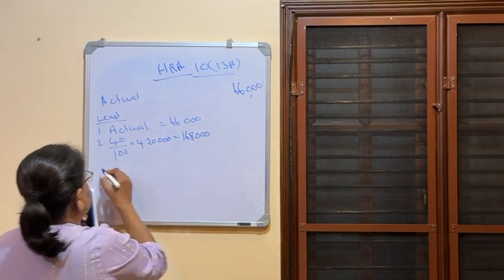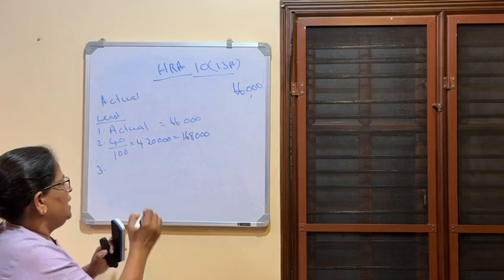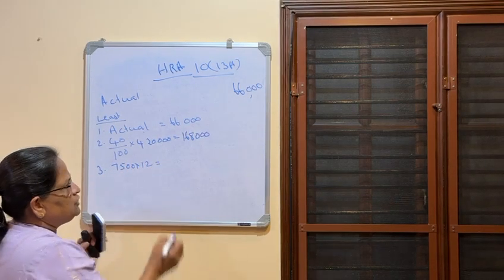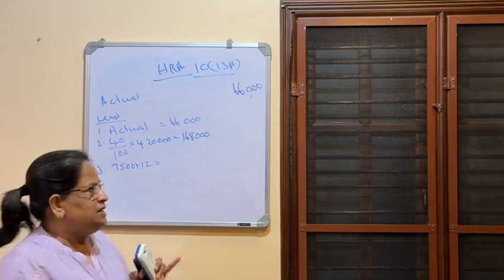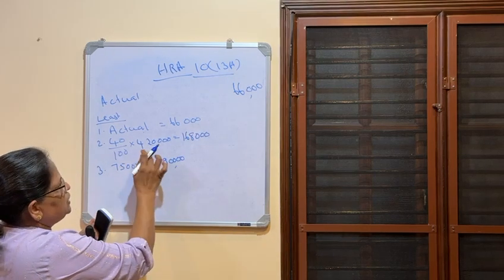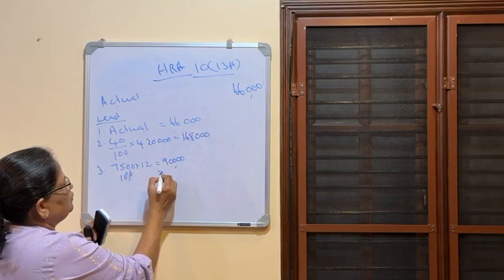Now the third one is excess of rent paid over 10% of salary. Rent paid is 7,500. It's given in the question. 7,500 into 12 is 90,000. 10% of 4,20,000 is 42,000.